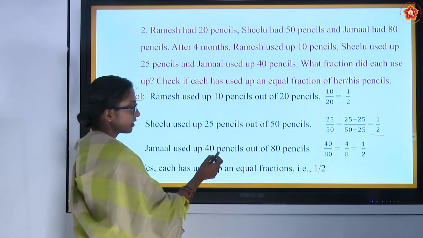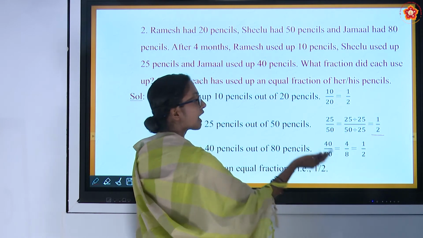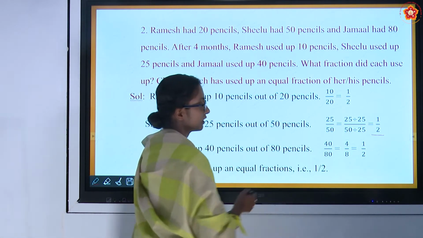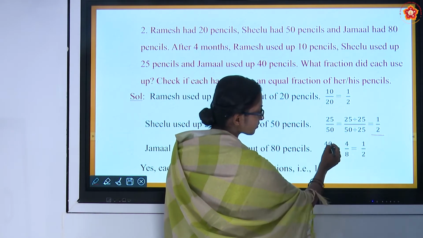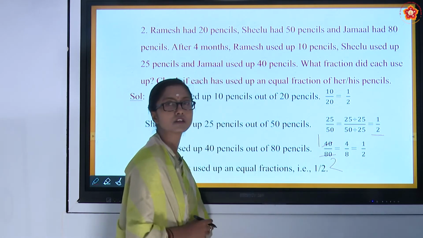Jamal used up 40 pencils out of 80. The whole is 80 and the part of 80 is 40, which comes in the numerator. Let's cancel. 4 ones are 4, 4 twos are 8.